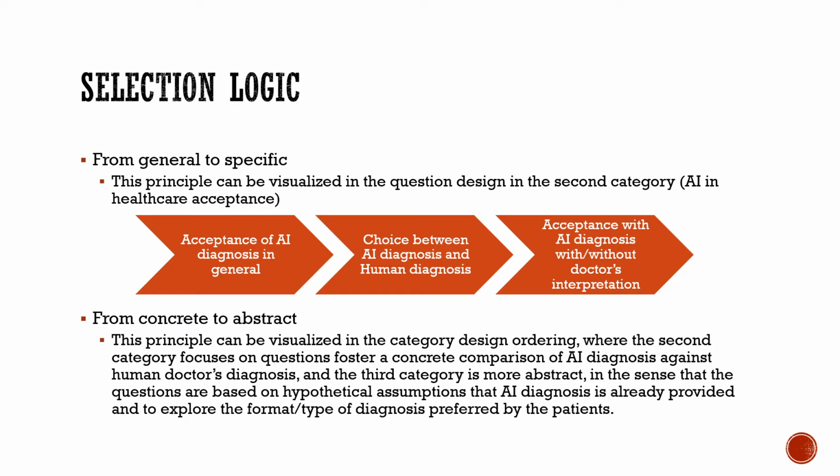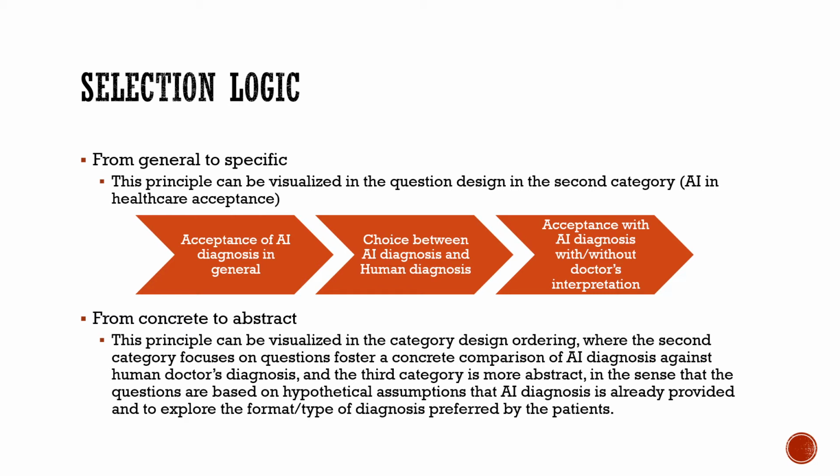So the first question is related to acceptance of AI diagnosis in general, followed by the second question, a choice between AI diagnosis and human diagnosis, where we explicitly linked the AI diagnosis to the human diagnosis that people are more familiar with in the current situation.